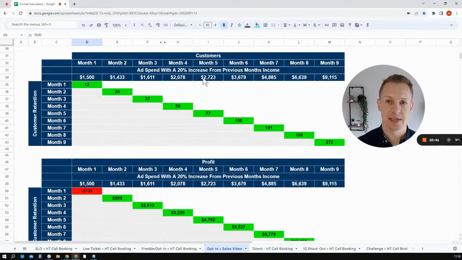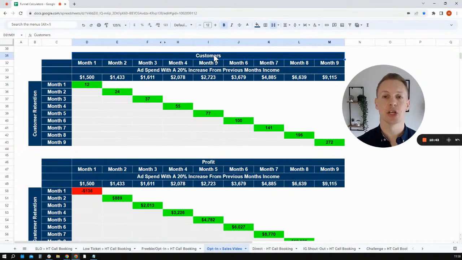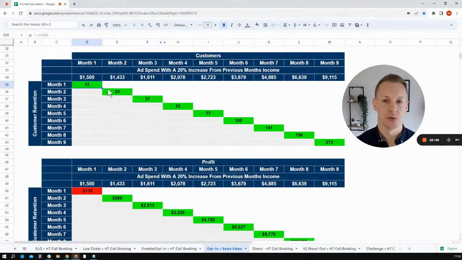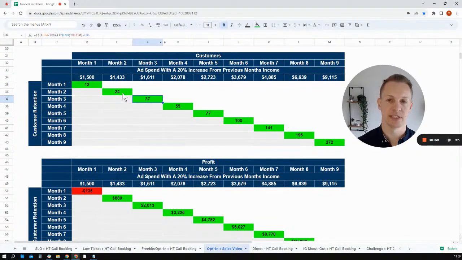So this first calculator here is how many customers we will have. We'll have 12 customers, 24, 37, 55, and these are approximations at this point, because it wouldn't be exactly 37, it would probably be about 36 or 37.